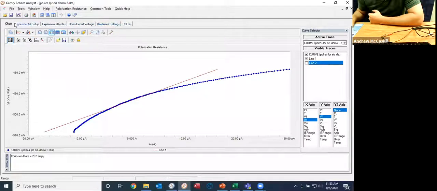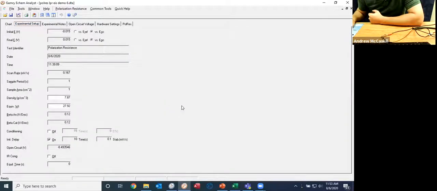Yes, I do want to make a note though, because I've had a couple people ask about this. In the setup window, Andrew, can you pull up the setup window again for, say, LPR? Yeah, this is all the information. Okay, so in the middle of this setup window is equivalent weight. A couple of people have asked about calculating that. There are online calculators to calculate equivalent weight, but you need to know the composition of your alloy.